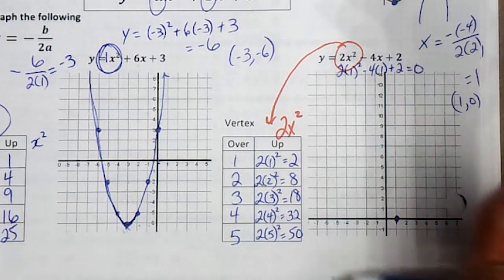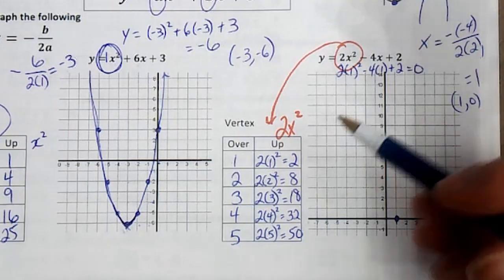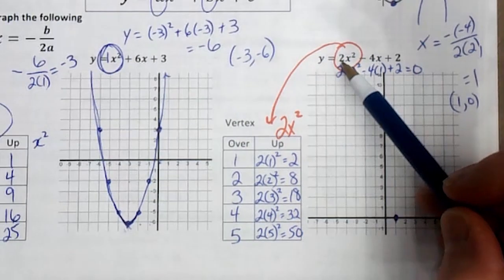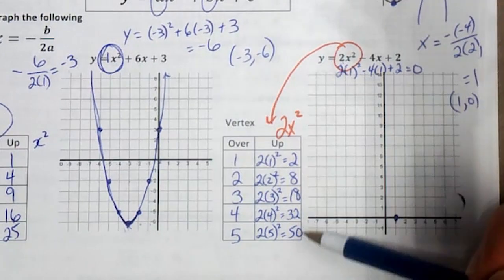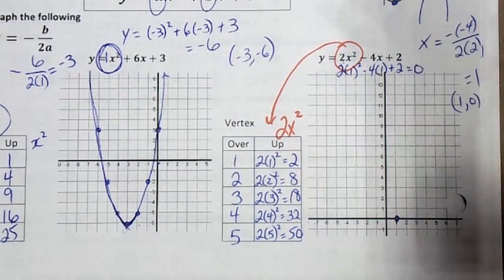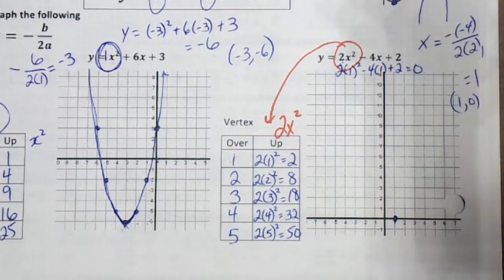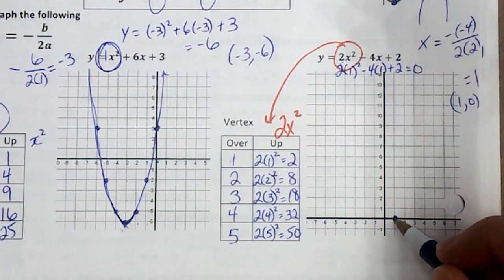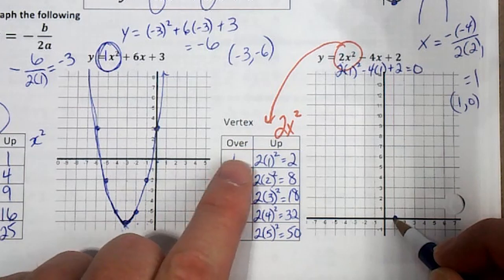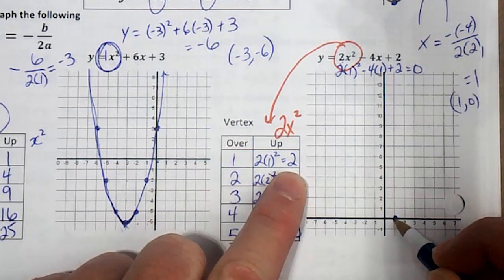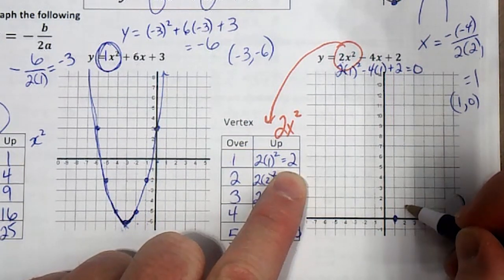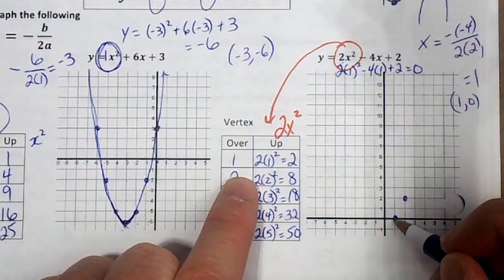And again, the last 3 points won't fit on the graph. If this is a fraction, if it's 1 over 2, 1 over 4, then we might need these points. But we definitely can't fit these ones on. So, always go back to the vertex. We're going to start at the vertex, and we're going to go over 1, up 2. Always do both directions.